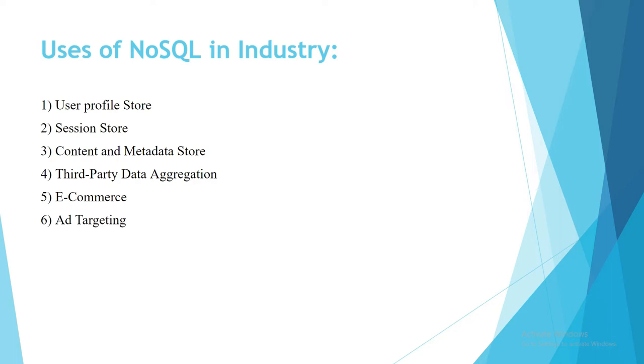Then our website, our server, should be in a position to know the user preferences in order to produce the ad. Then I can immediately produce a relevant ad. So for that also you can go with NoSQL. For fast response you can go for NoSQL. For large databases you can go for NoSQL. If you want to maintain different kinds of data, you can go for NoSQL. Like this, there are various features. So this is the way industry is using it.